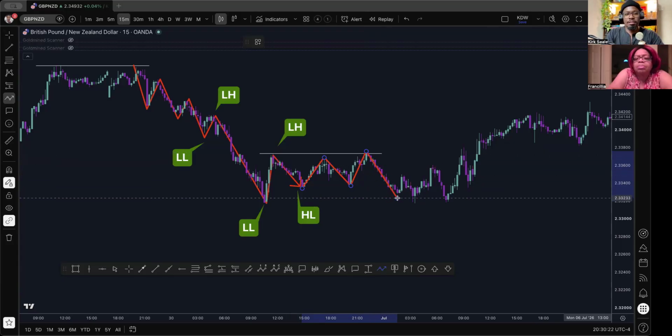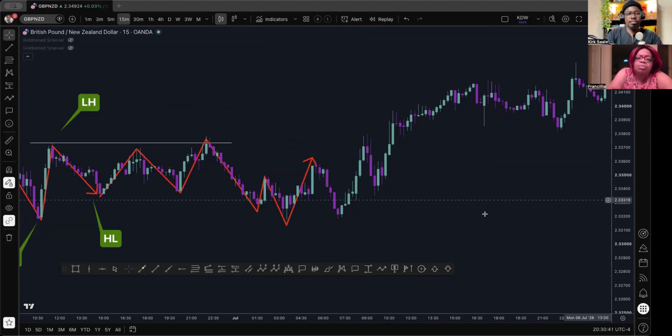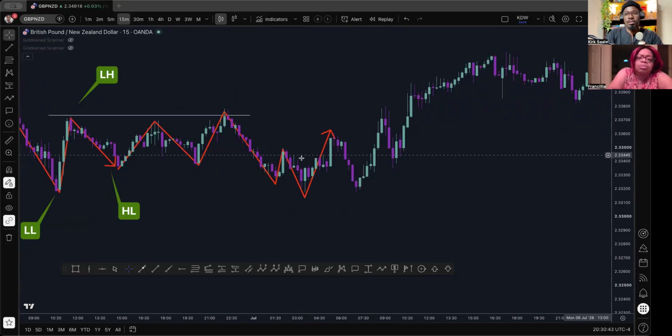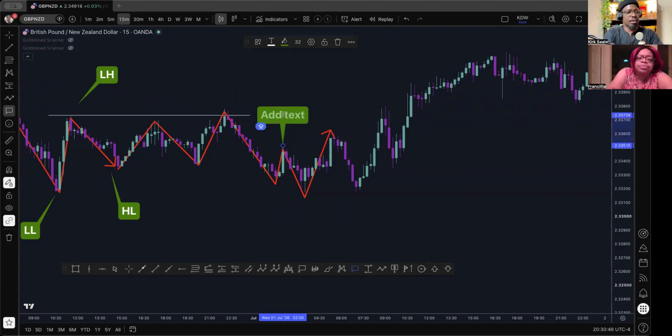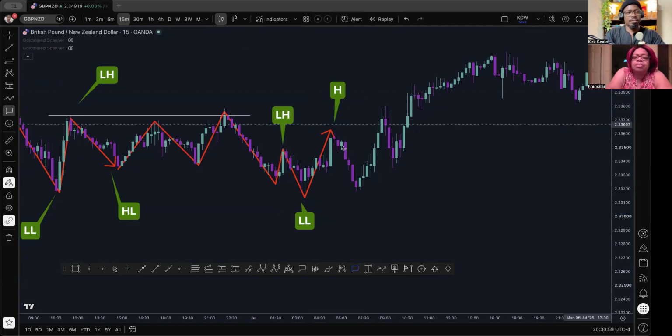But what happened instead? This low is lower than this low. So we end up with a lower low. And this is a lower high. This is a lower low. All right. Something else happened. So if this here was a lower high, this is a lower low, but now this is a high, right?